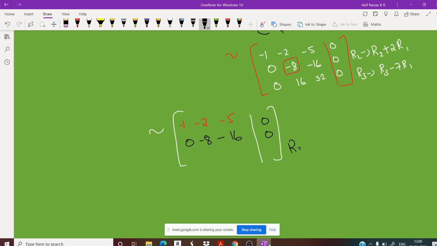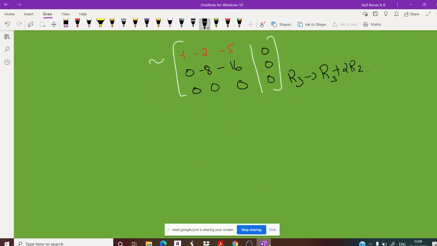Now what is the row operation? I want to make this 0. R3 minus or plus? R3 plus 2R2, right? So what will become 0, 0, and this becomes 0. Okay, have we got it?